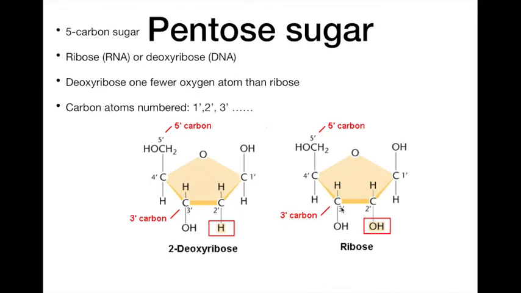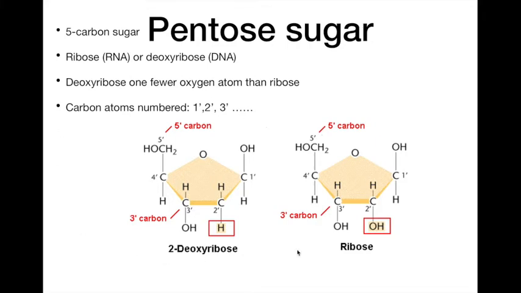Now let's see the pentose sugar. It's a sugar which has 5 carbons. There are 2 types of sugars. It can be ribose in RNA or deoxyribose in DNA. As their names suggest, deoxyribose is almost the same as ribose, but it has one fewer oxygen atom in its molecule.